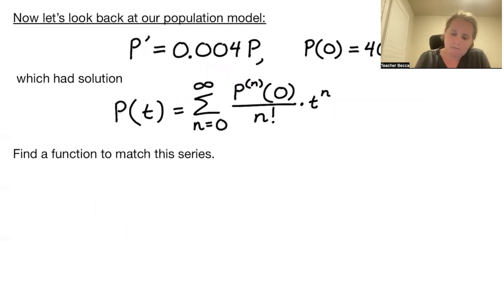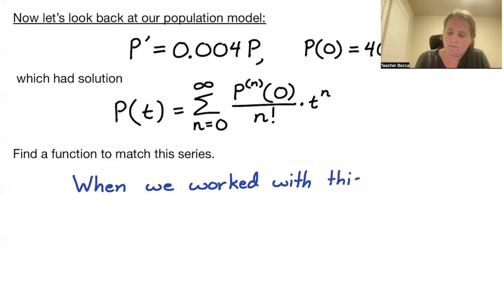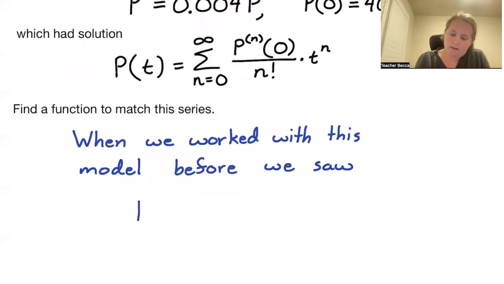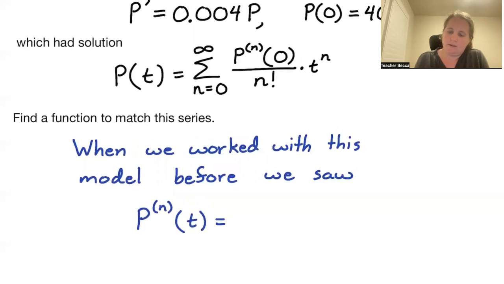We saw, when we worked with this model before, that the nth derivative of p evaluated at t was just equal to 0.004 times the previous derivative evaluated at t.